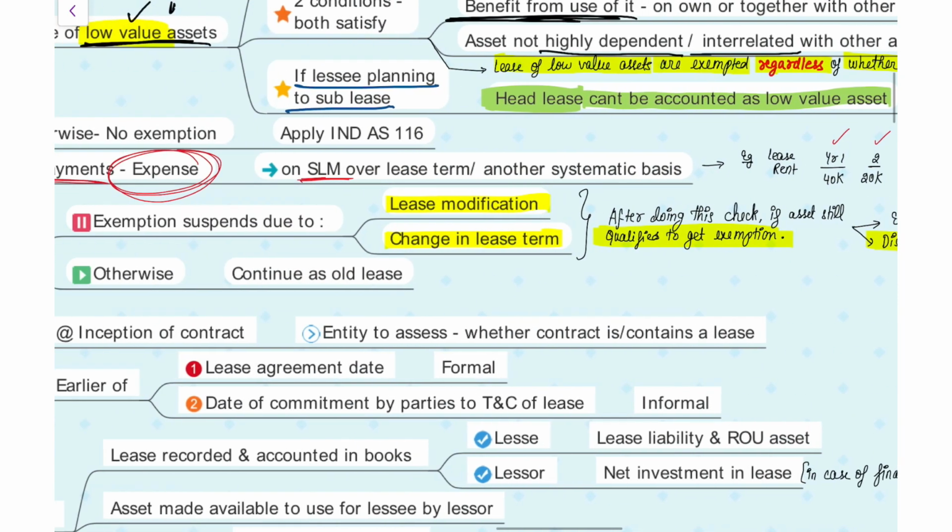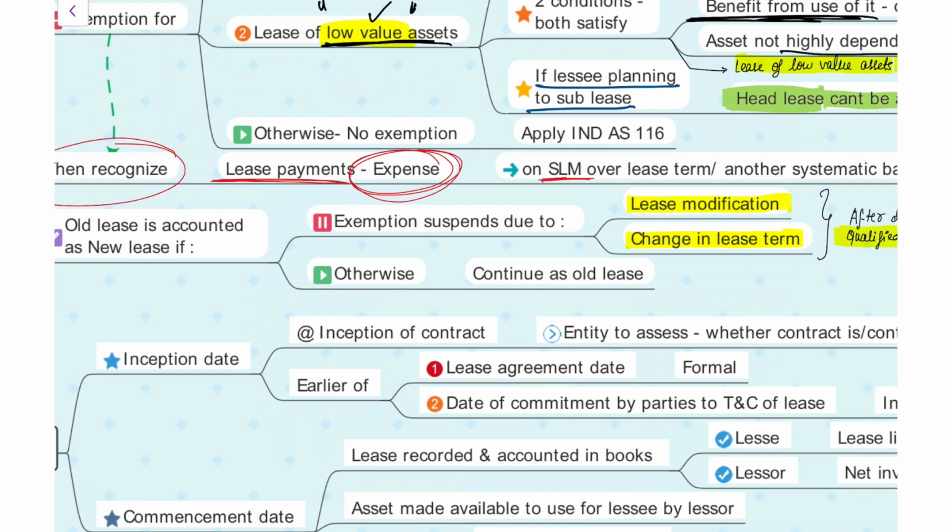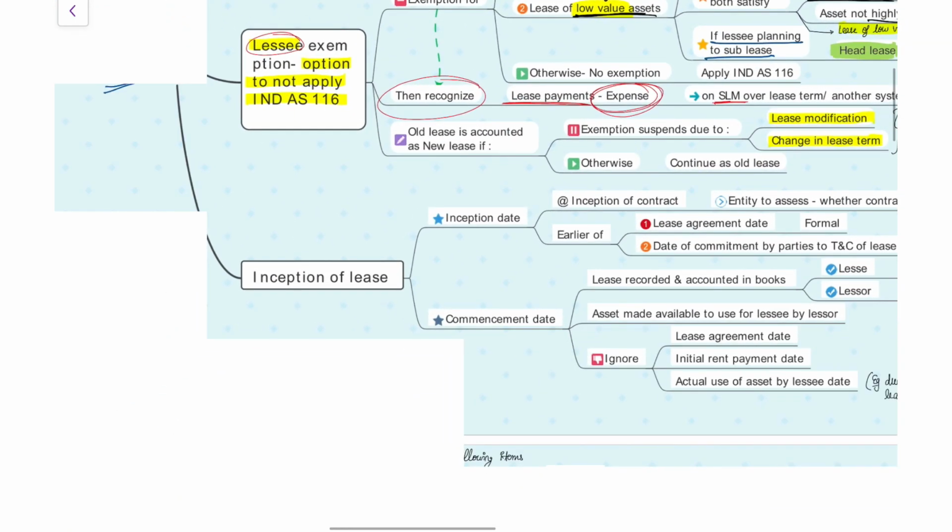Continue with the old lease agreement itself and go on as you were going on. But if, due to the lease modification or change in lease terms, you get disqualified for the exemption, then you have to stop that old lease agreement then and there, start a new lease agreement, and account and record accordingly. I hope you understood this point also.